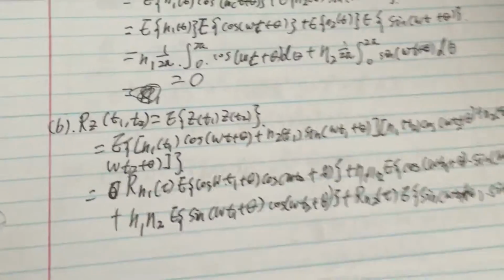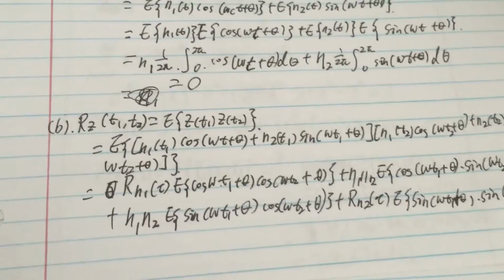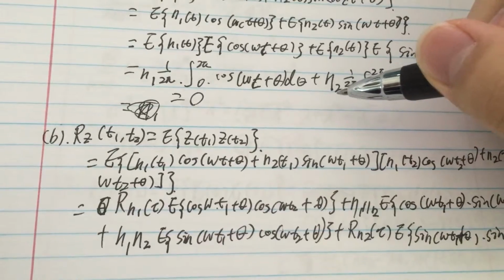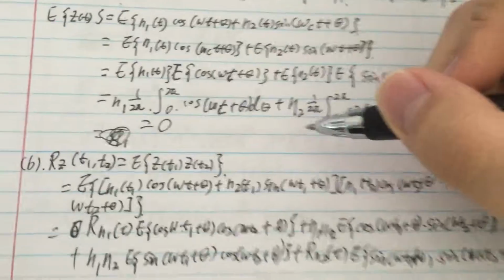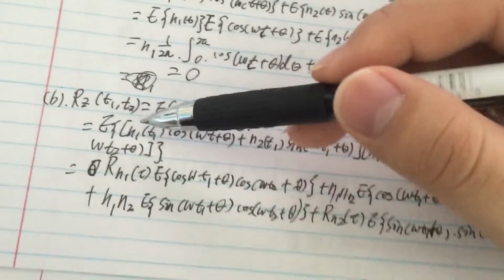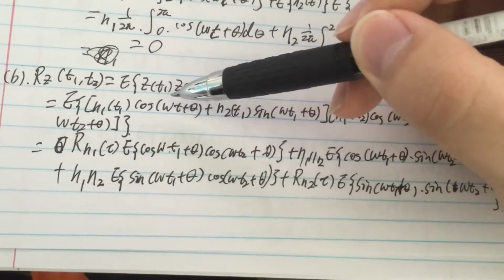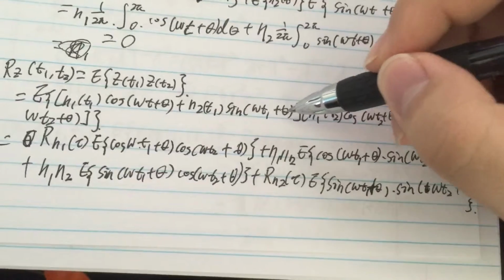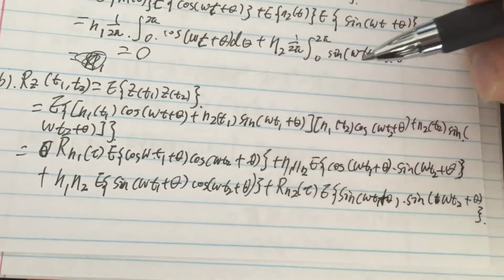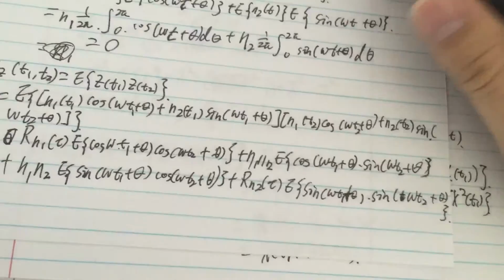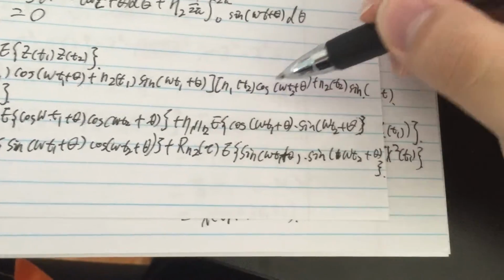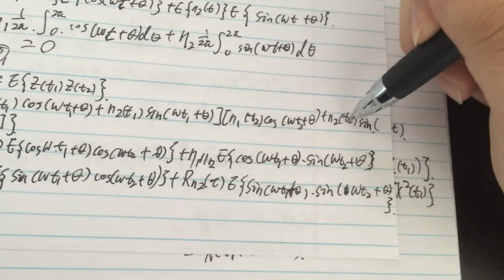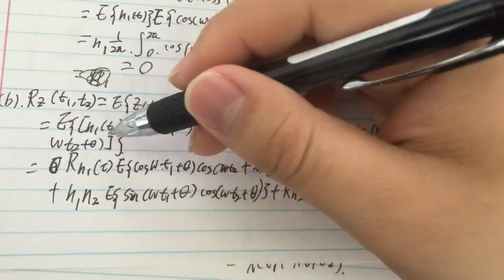So in this question, R_Z(t1, t2) equals E[Z(t1) times Z(t2)]. Then we get E of n1(t1) cosine(omega t1 plus theta) plus n2(t1) sine(omega t1 plus theta), sorry, here is t1, and n1(t2) cosine(omega t2 plus theta) plus n2(t2) sine(omega t2 plus theta).